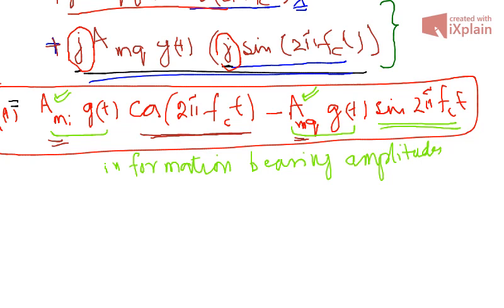So those bits, the AMI and AMQ depend on the bits. The rest is nothing but the carriers. These are the carriers. This is the pulse shaping waveform.